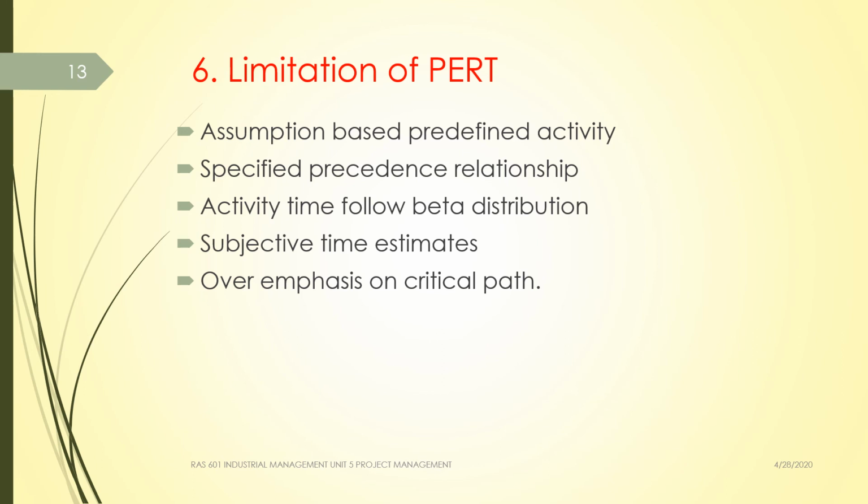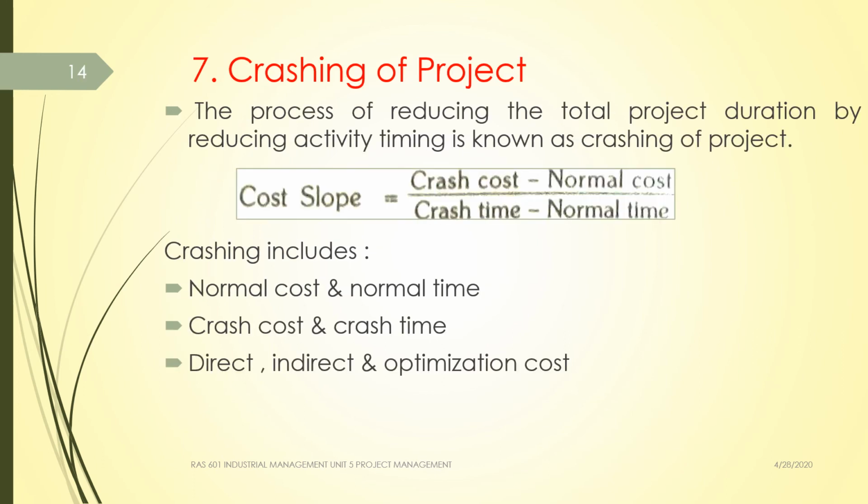Next, we will move towards an important topic, that is project crashing. As the name suggests, when all the things go wrong in terms of direction, cost, and methodology, then we can say project crashing takes place.